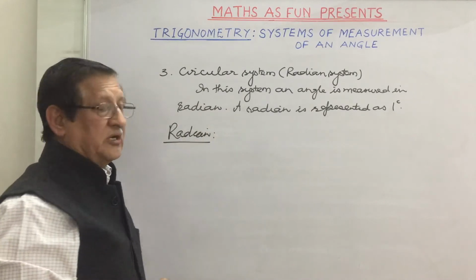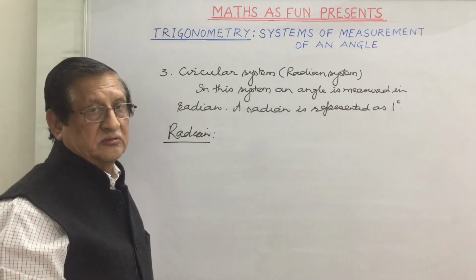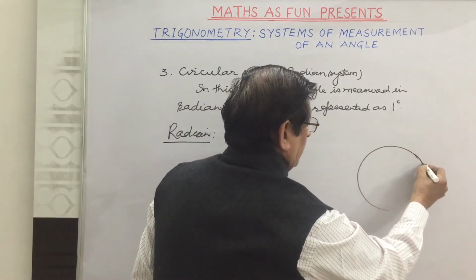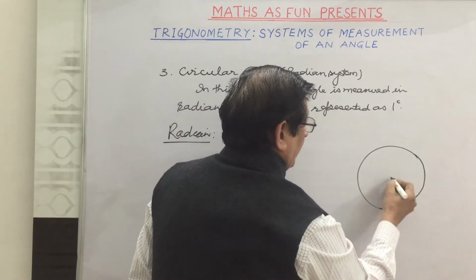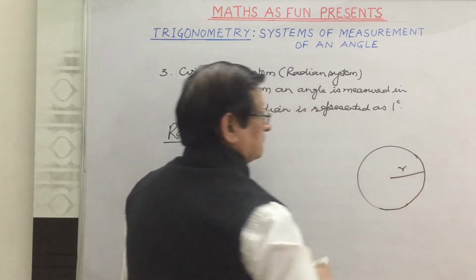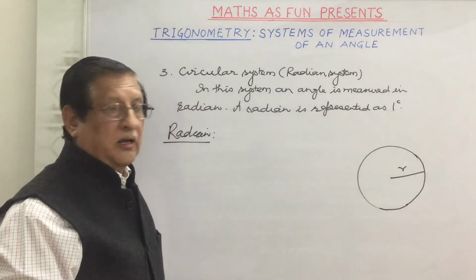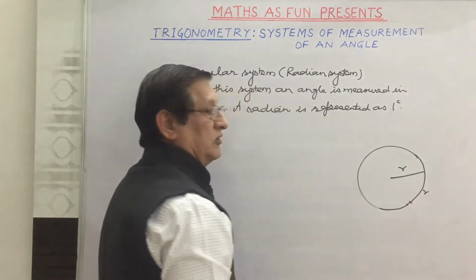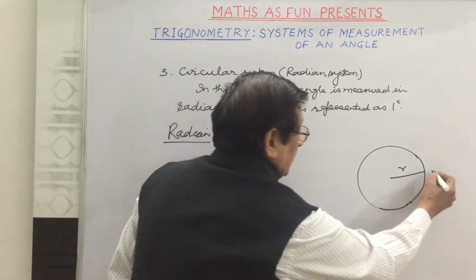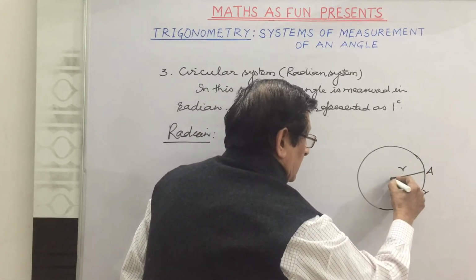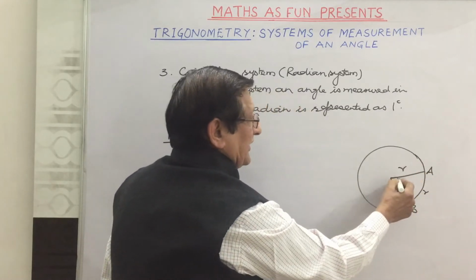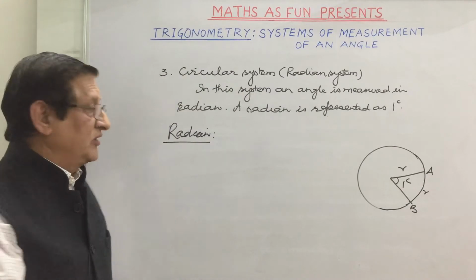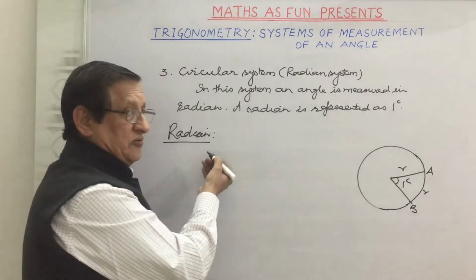When we talk about the radians, if we make a circle of any radius r and we take an arc whose length is also equal to the radius, then the angle subtended by this arc at the center is known as 1 radian.